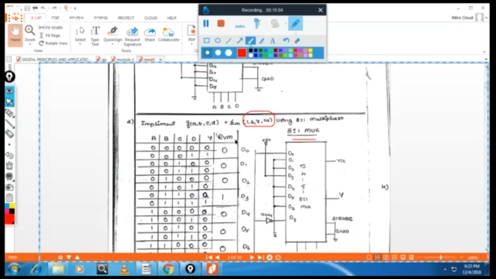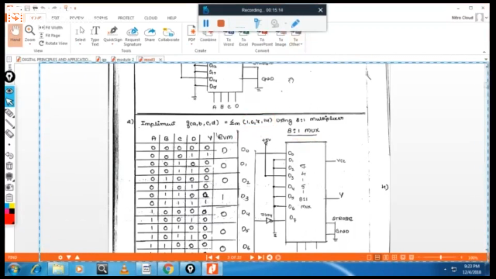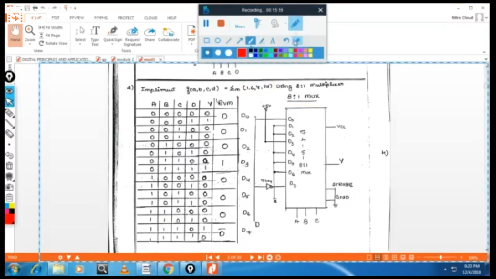So which is the best method? EVM method. Represent all the 4 variable, express this one truth table, write the output 4 variable truth table. First write the output, then isolate one variable. Isolate one variable here. Here which variable I am isolating? This one. And I will compare. I will isolate this variable and I will make the group now.